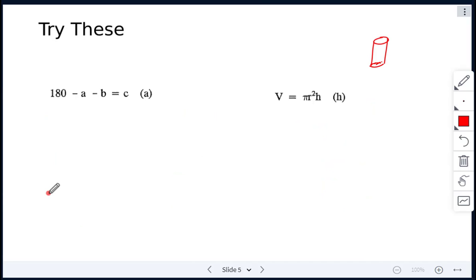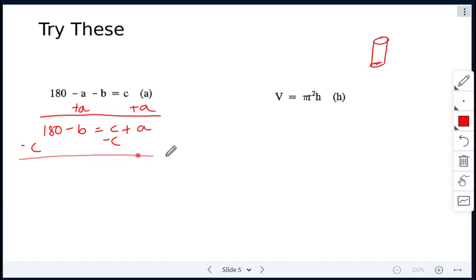Okay, so 180 minus a minus b is equal to c, and we're solving for a. So what I'm going to do for this one is, to isolate a, I'm just going to add positive a to both sides, like this. So we're left with 180 minus b equals c plus a, and then I'm just going to subtract the c, like so.